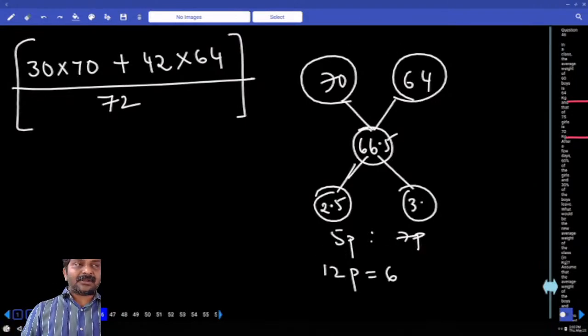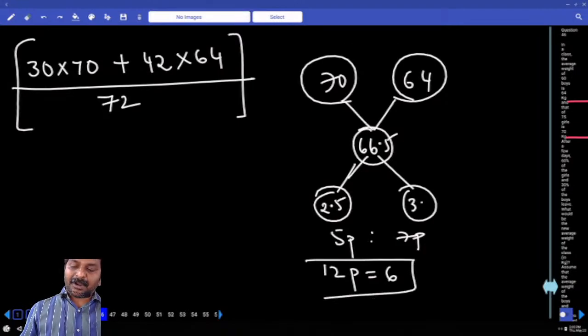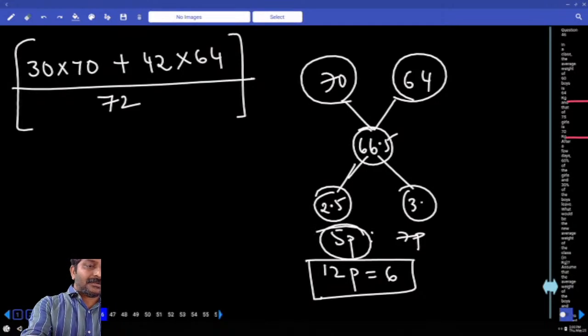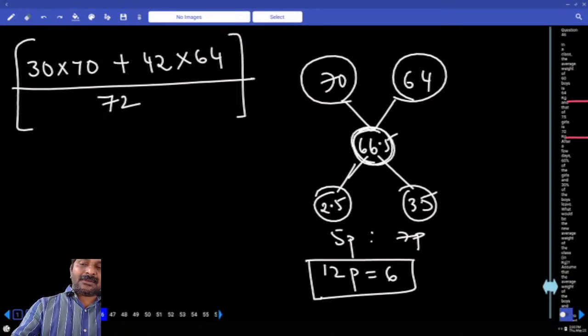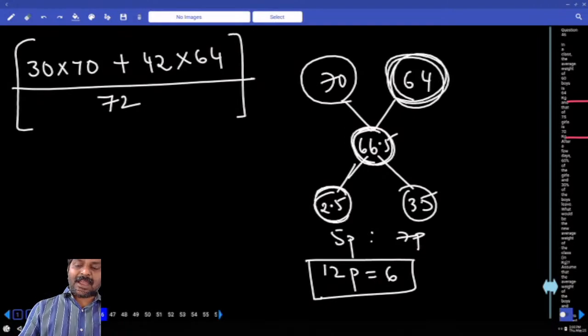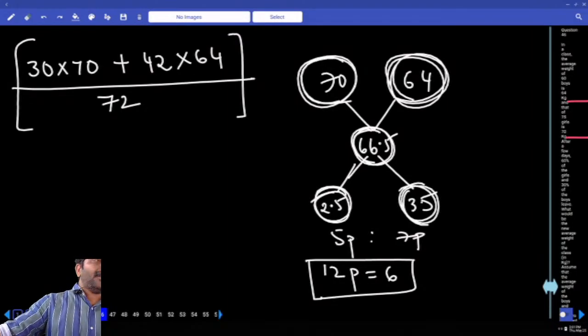So 12 parts is equal to 6. Then what is the value of 1 part? 5 parts, 7 parts, 3.5. This middle number is equal to 66 plus 2.5, or from 70 you subtract 3.5. In any case you get 66.5.